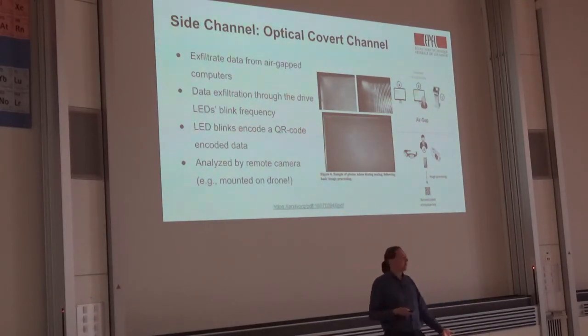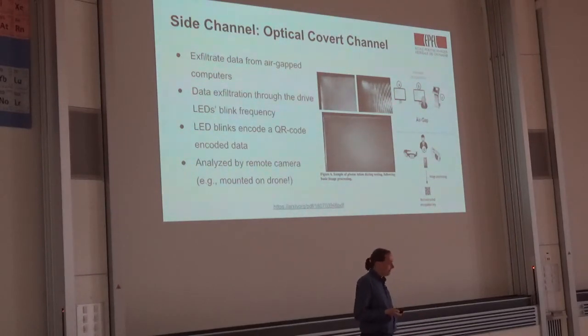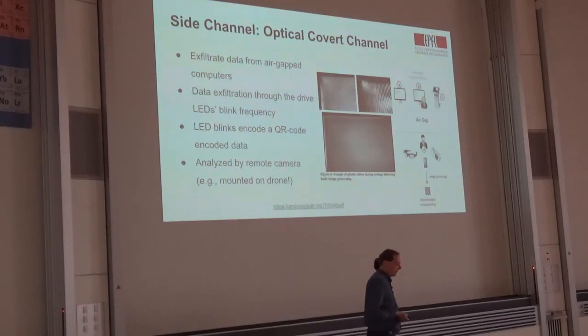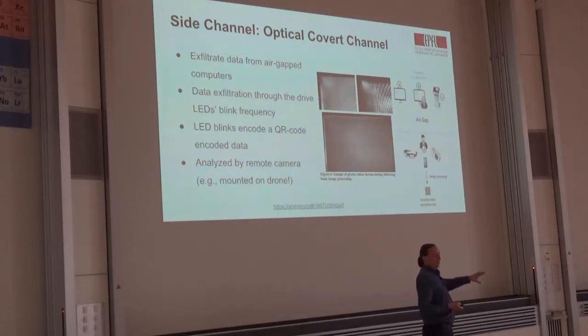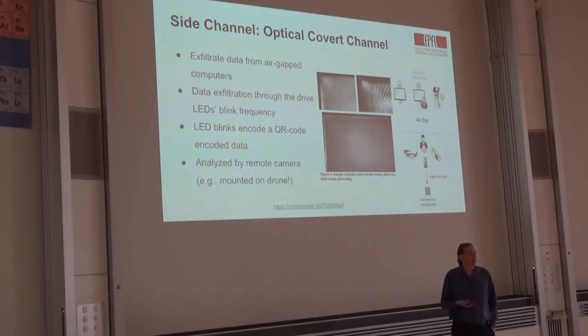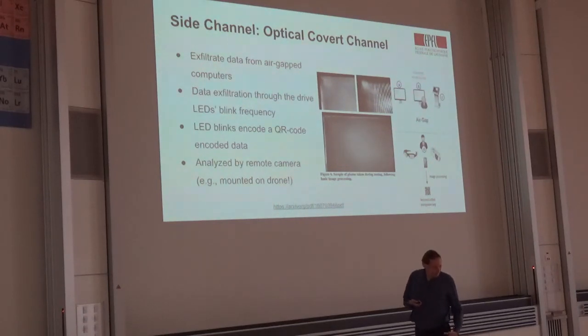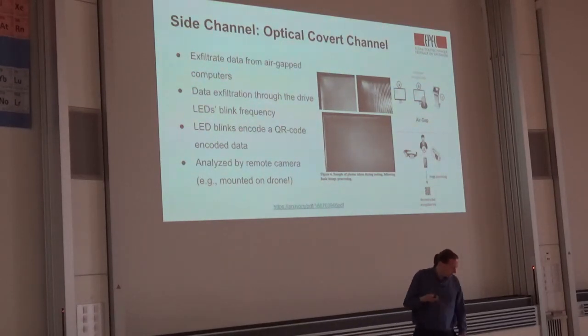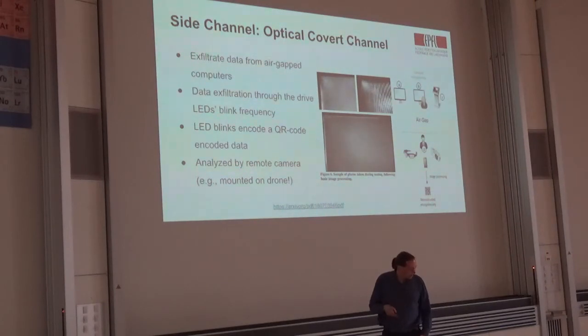And of course, it's not a very bright LED, but if that's the only thing that's blinking, or if the other sources of light can be filtered out, then a camera just pointed at the room's one window from fairly far away can be used to decode that signal, even if it's very subtle. So that's yet another avenue for attack.